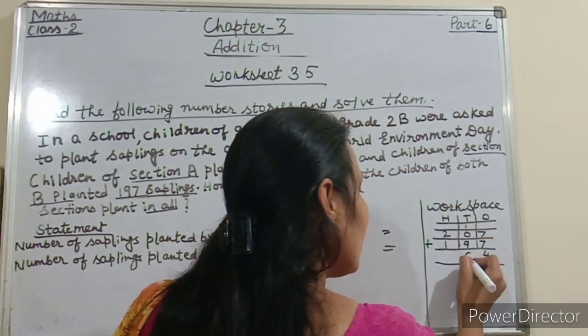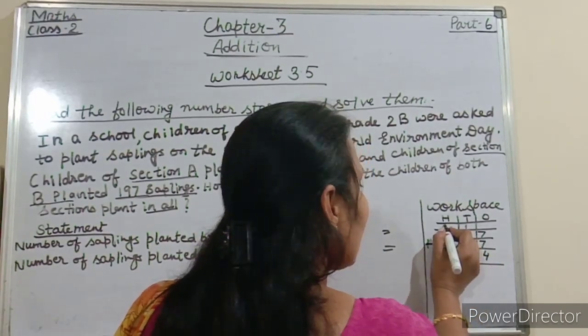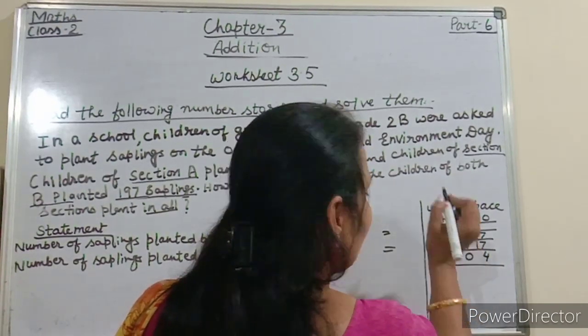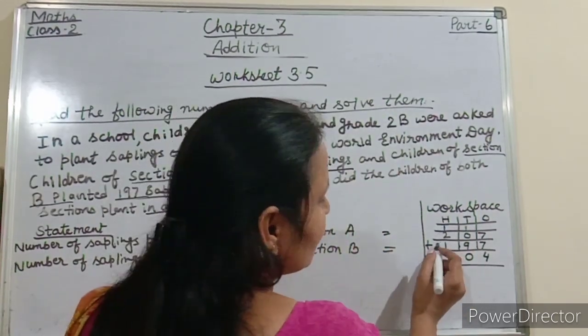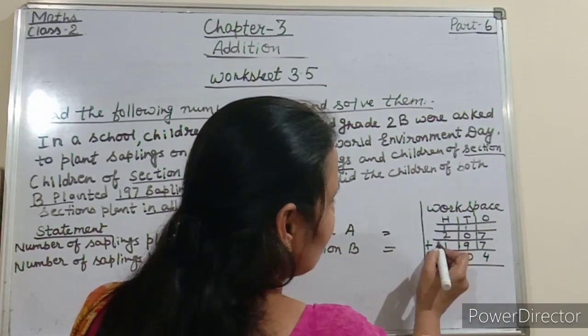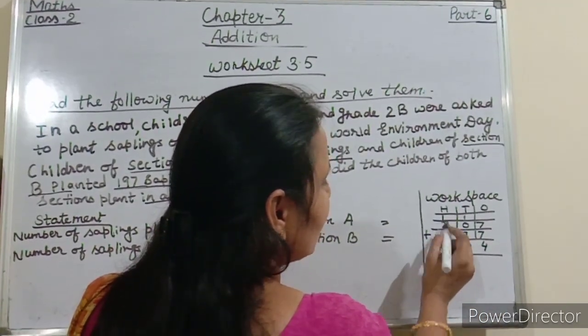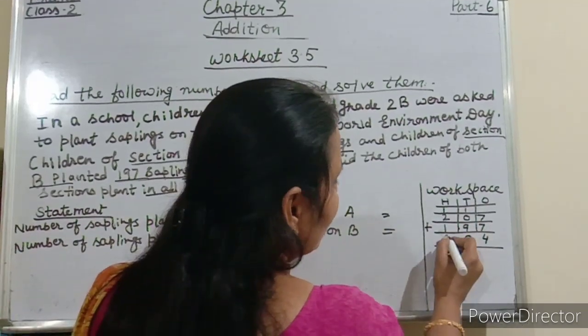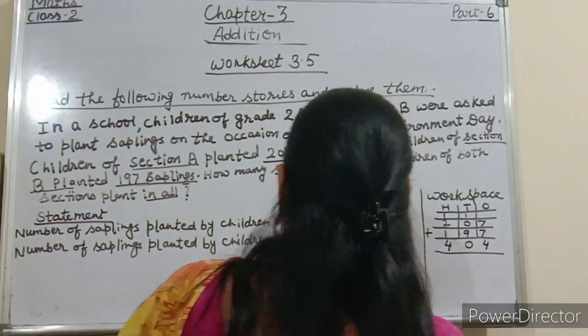So we will write 0 under the tens column and carry 1 to the hundreds column. Now add at the hundreds column: 2 plus 1 is 3 and 1 is 4. So here we will write 4 under the hundreds column.